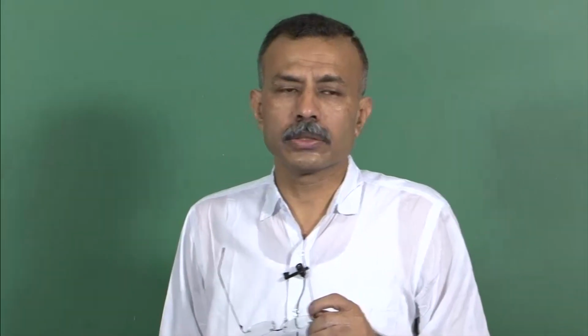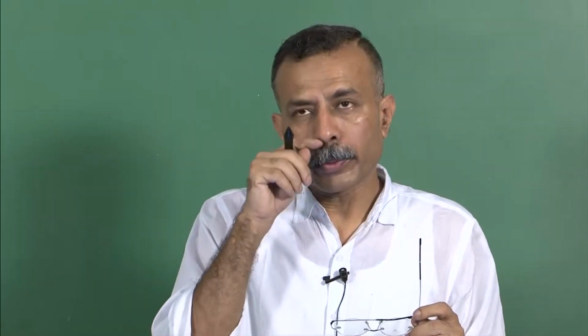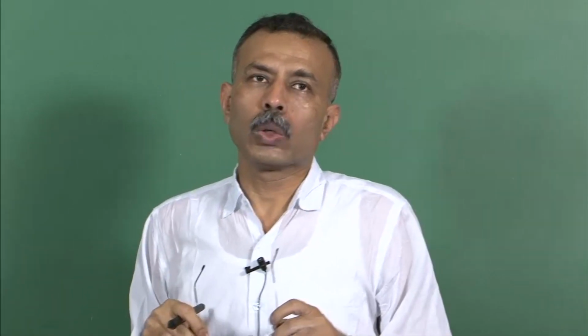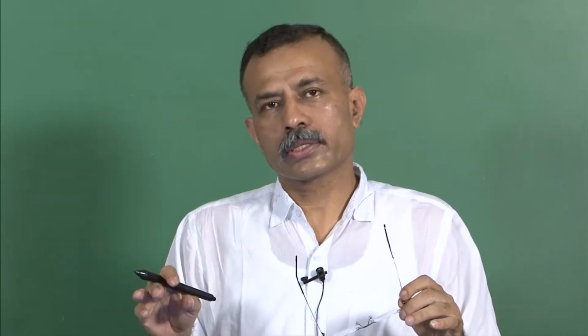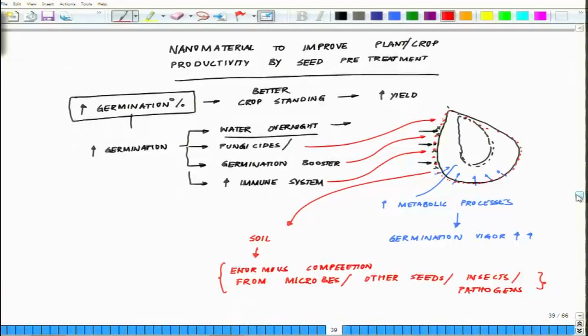As a matter of fact, in that competition to germinate, the one which will win is the one which will make a mark. The one which will fail to germinate will lose this battle. Okay? So, keeping this in mind, one of the easiest approaches of applying nanomaterial could be as a seed pretreatment agent.